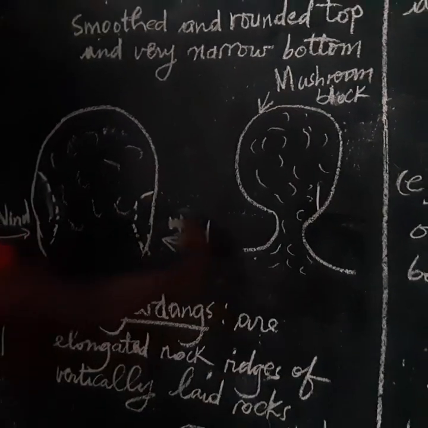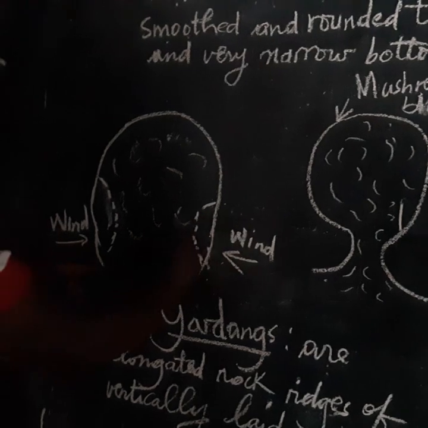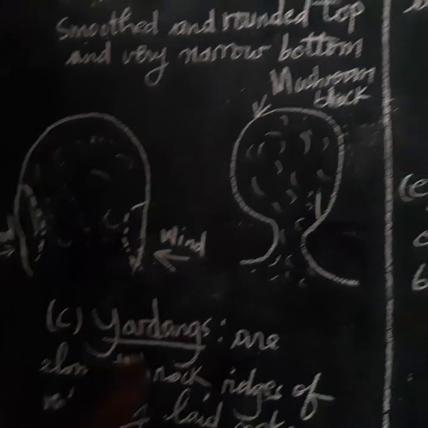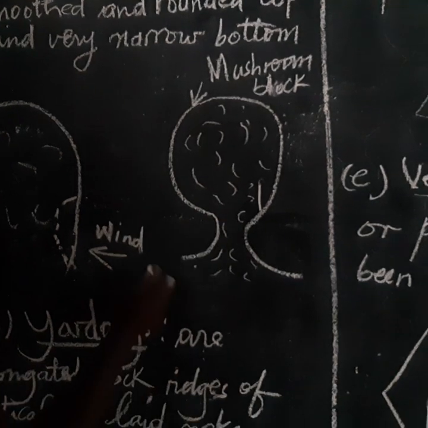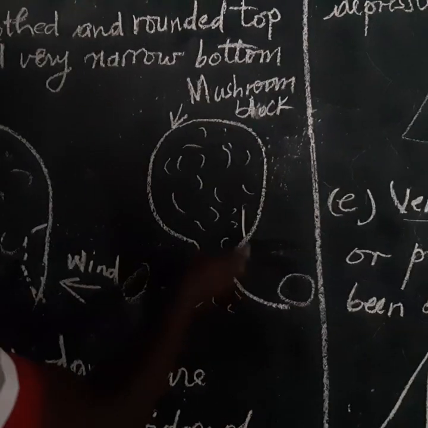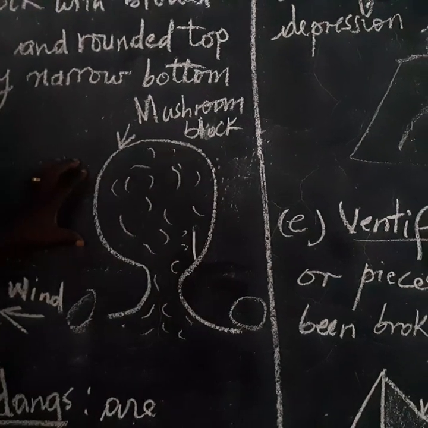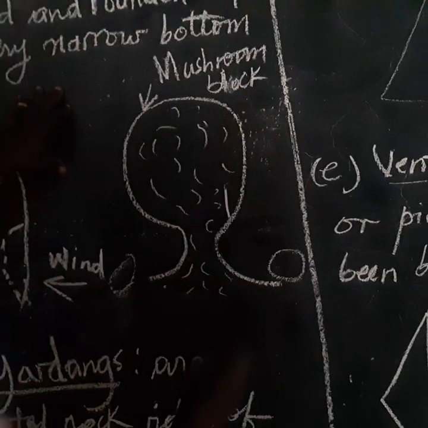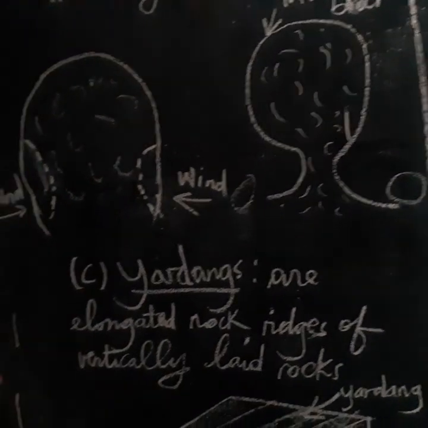Due to the influence of the wind acting on those rocks, the weathered rock will fall down, and we shall have a shape which looks like a mushroom. You know a mushroom. Such a rock structure is called a mushroom block.